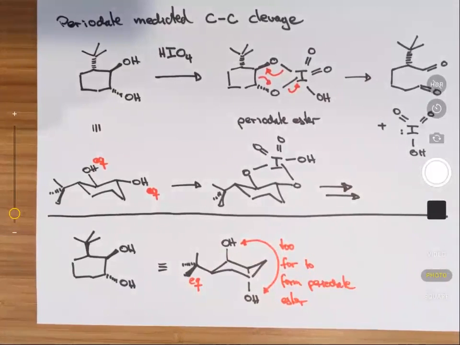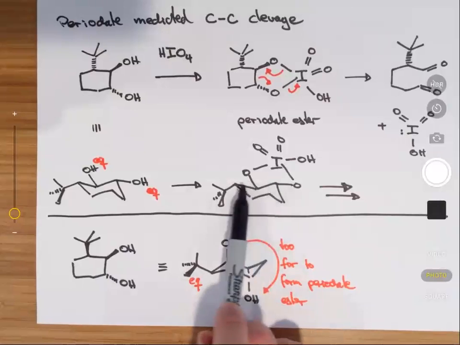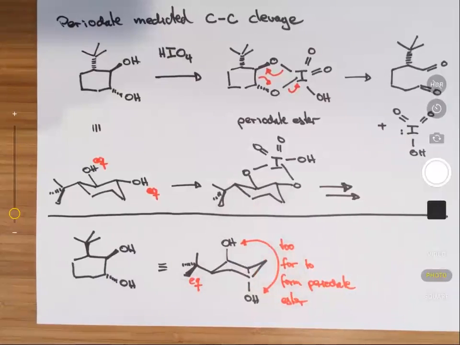So that means that even though it might appear in this conformation that there's plenty of space to form this 5-membered ring, especially with 6-membered ring conformations, you always have to make sure that you double check whether it actually adopts a chair conformation where these two alcohols are either on the same side or they are both in an equatorial position, so that they can adopt a conformation that allows the formation of this 5-membered ring.